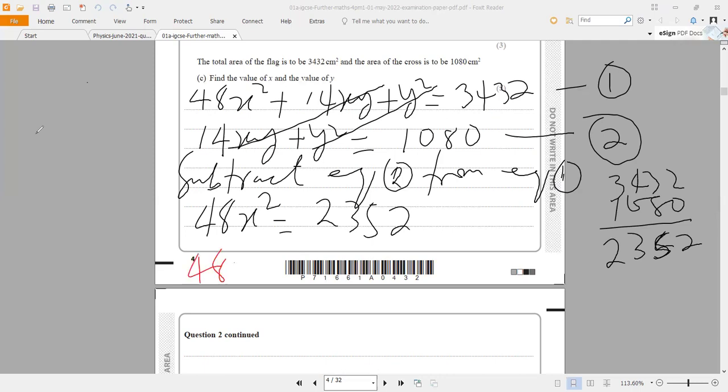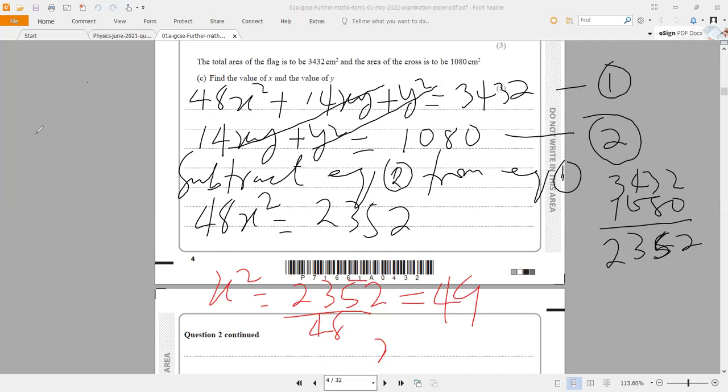So we have 48x squared equals 2352, so x squared equals 2352 all over 48. 2352 divided by 48 will give us 49.